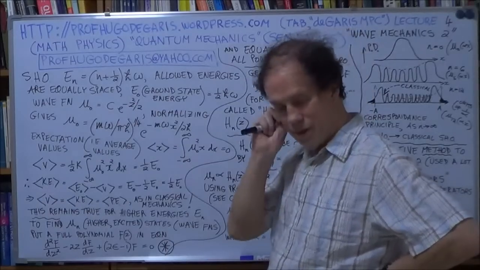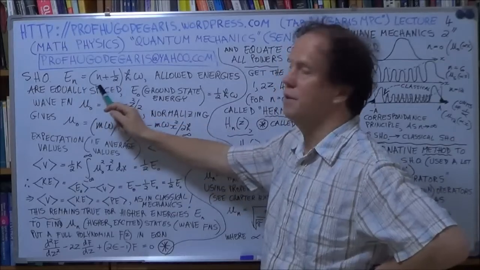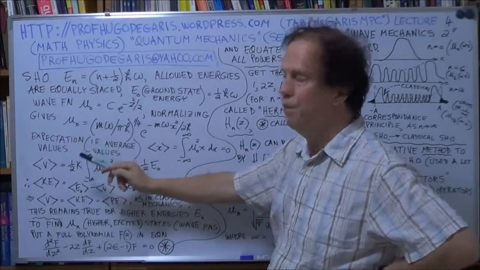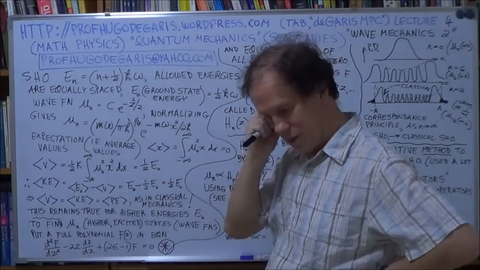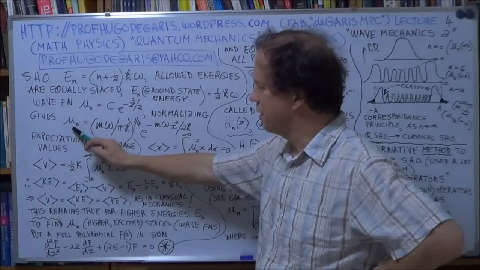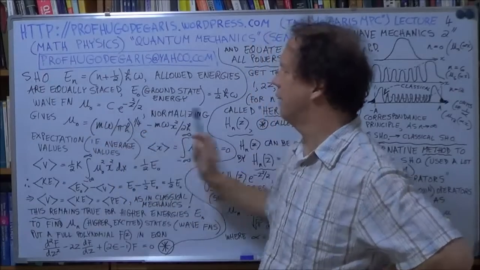Okay, so now that we know the eigenvalues, in other words the energy for the simple harmonic oscillator, the SHO, and we know the eigenstate, in other words the wave function for the ground state, it's this, right?